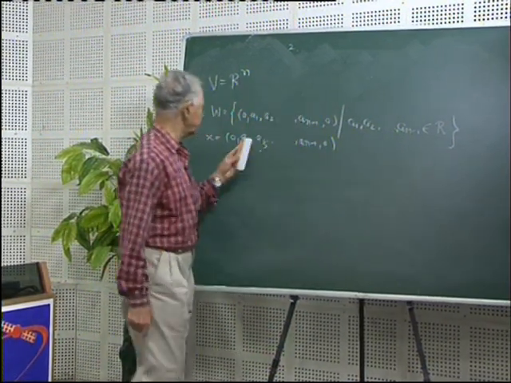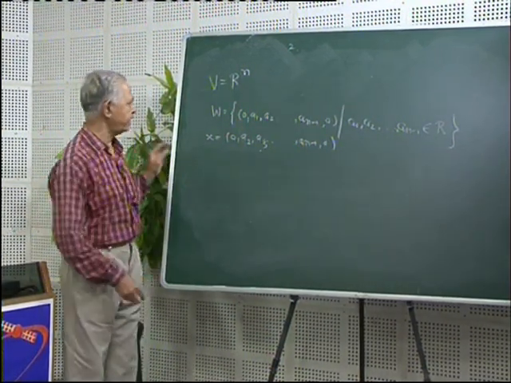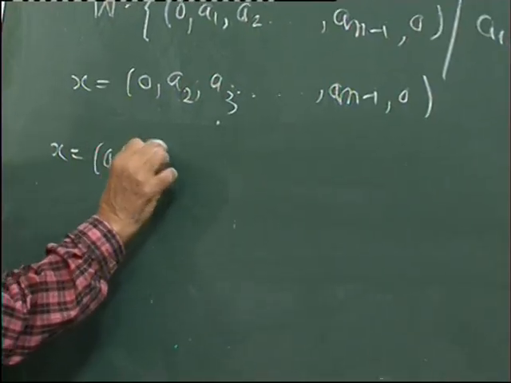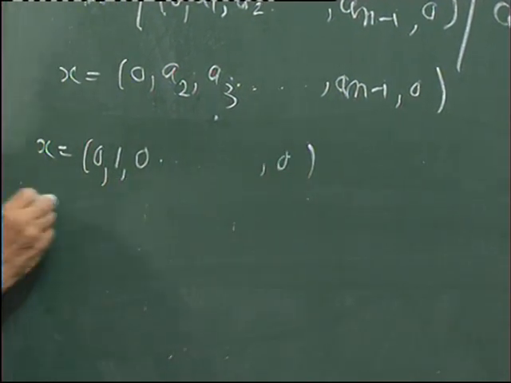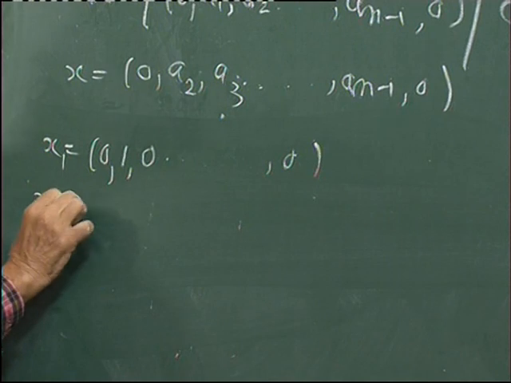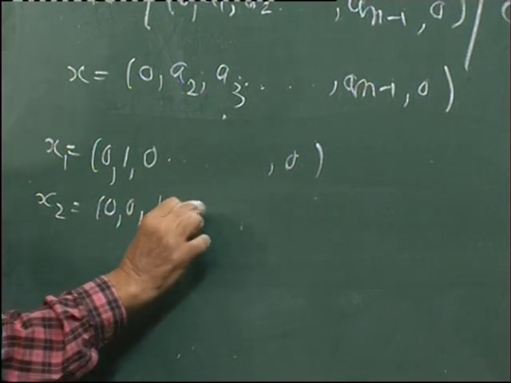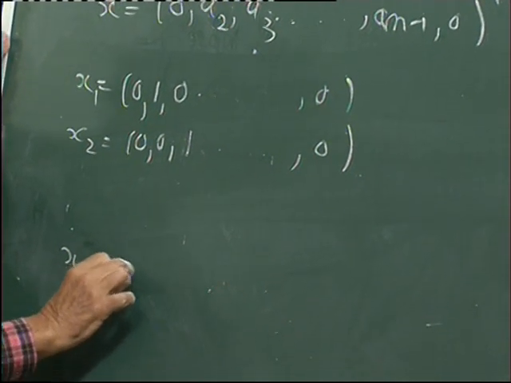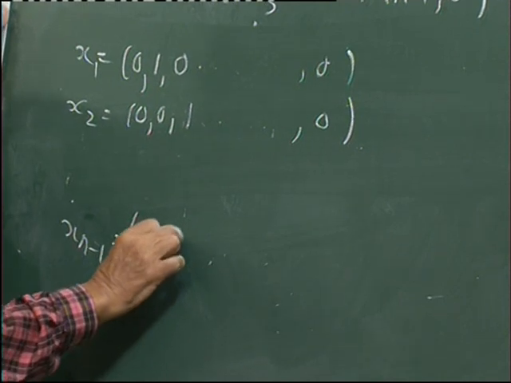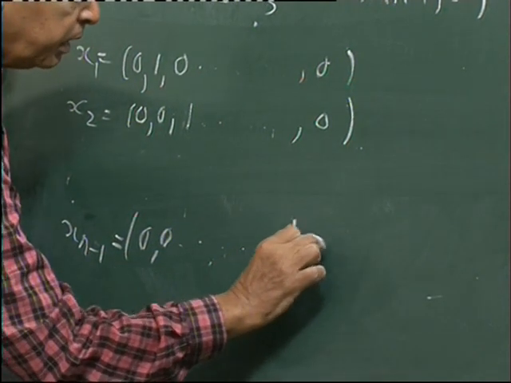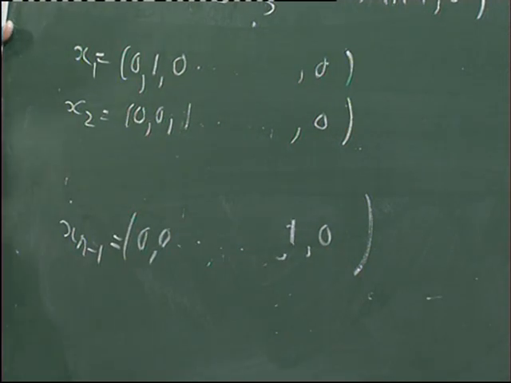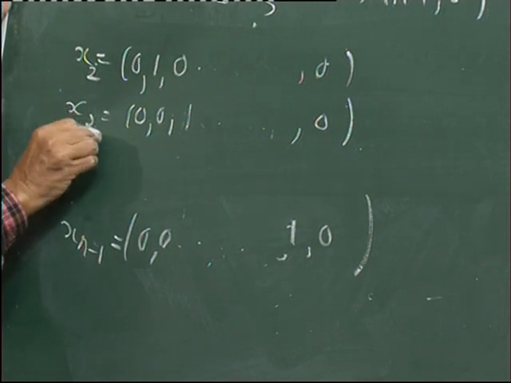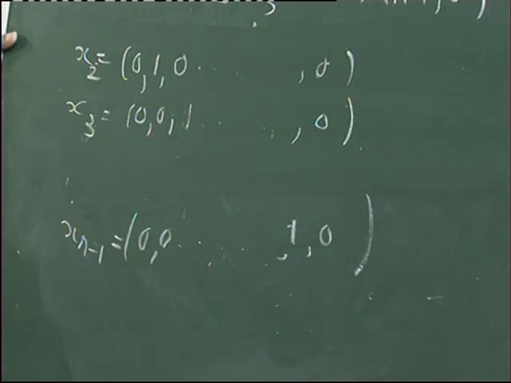If x is any vector, then I can write this vector x in this form: x equal to x1 times (0, 1, 0, ...), x2 times (0, 0, 1, 0, ...), and finally x_{n-1} times (0, ..., 0, 1, 0).